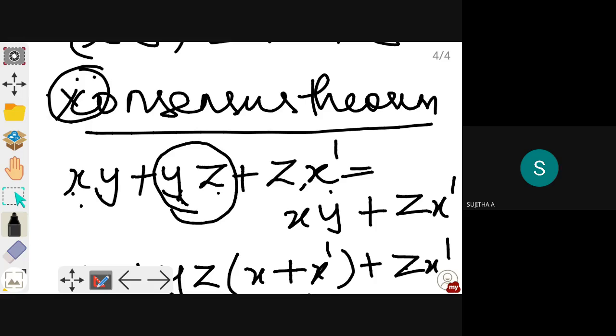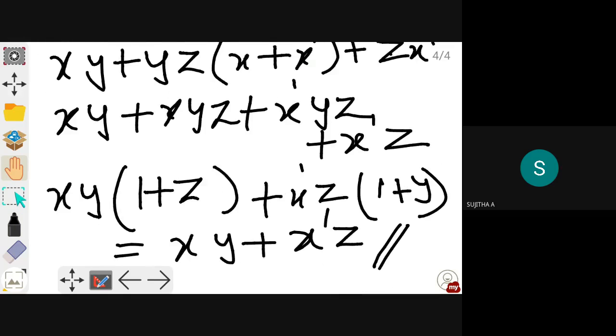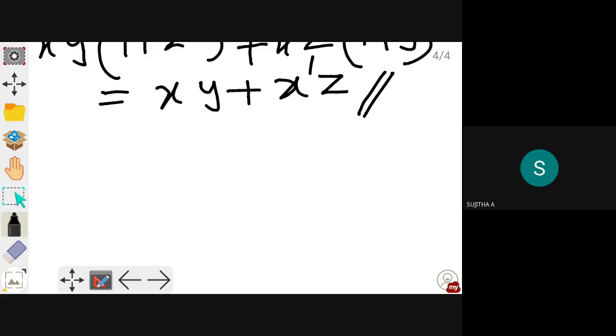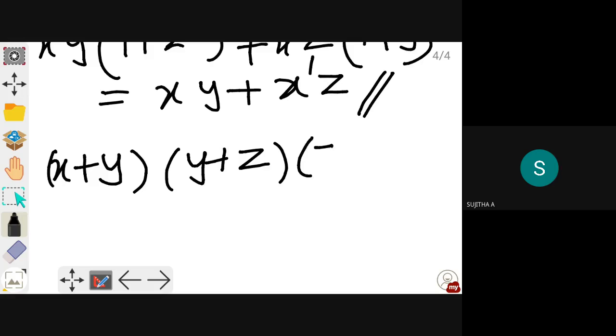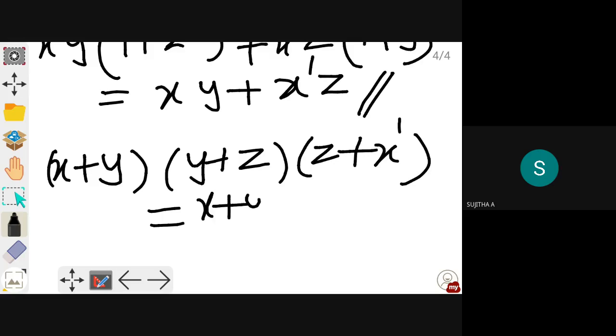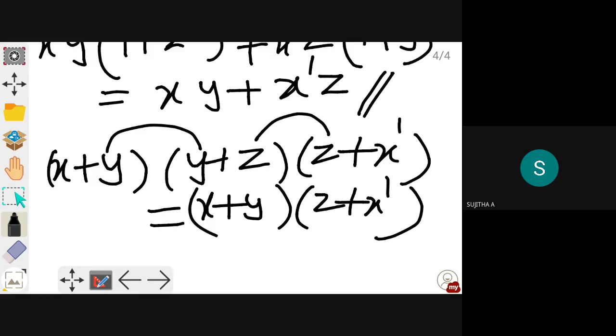In terms of addition, the same theorem can be written as x plus y into y plus z into z plus x dash will be equal to x plus y into z plus x dash. So y here and z here, you have x and x dash, so this term can be eliminated. This is known as the consensus theorem.